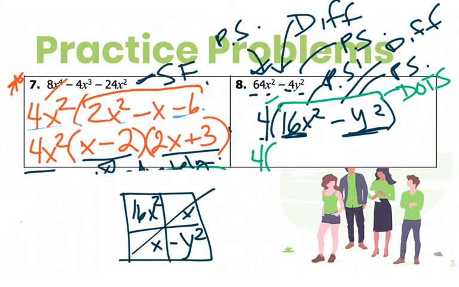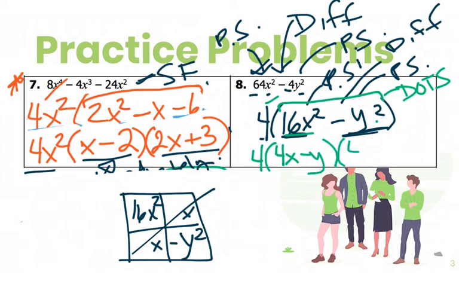So, with difference of two squares, they should look identical except for the sign. So, 16, the reason it's a perfect square is because 4 times 4. So I've got 4x, so 4x times 4x gives me 16x squared, minus the square root of y squared is just y.